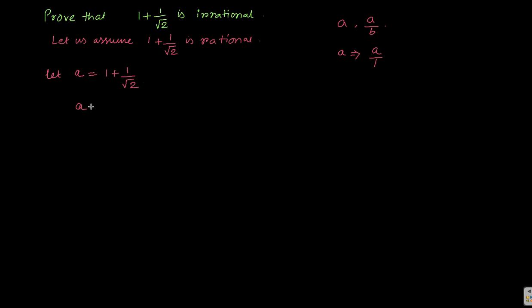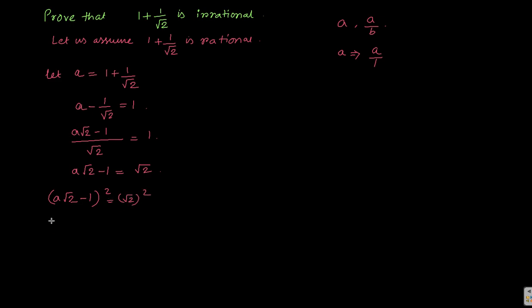Then a minus 1 equals 1 by root 2, that is, a root 2 minus root 2 is equal to 1. So a root 2 minus 1 is equal to root 2. Then squaring both sides, a root 2 minus 1 whole square is equal to root 2 square.